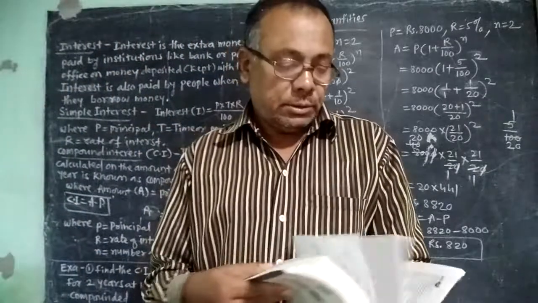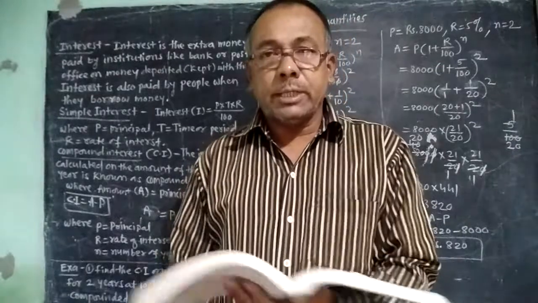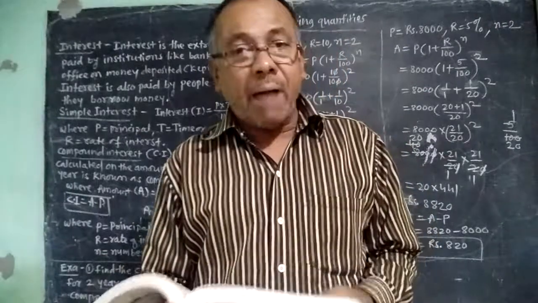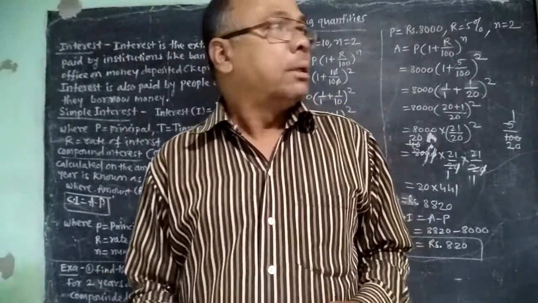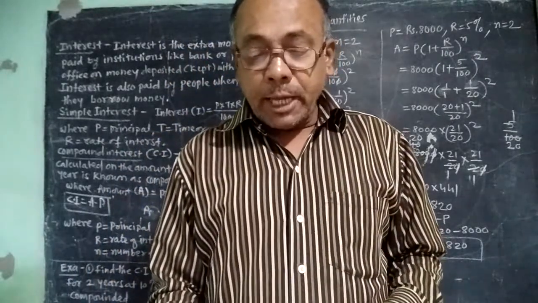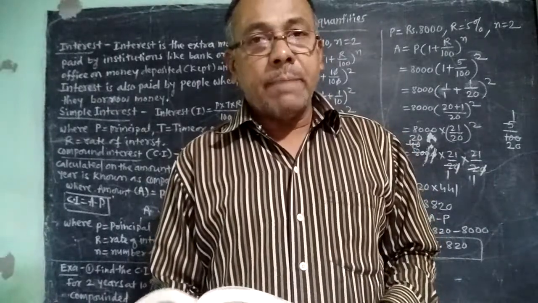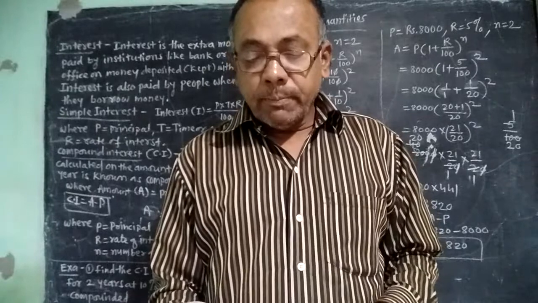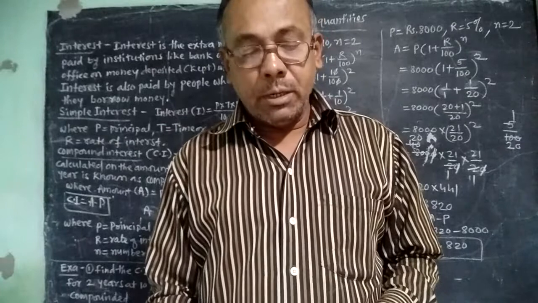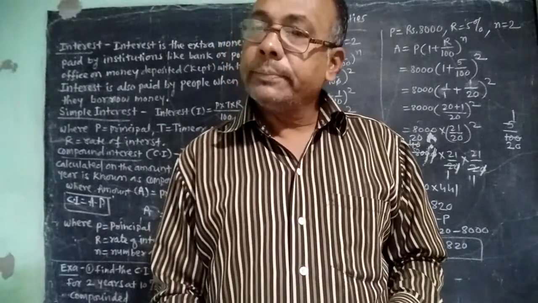Now here it is important to understand that if the interest is compounded half yearly, then the time period becomes twice and rate becomes half of the annual rate.